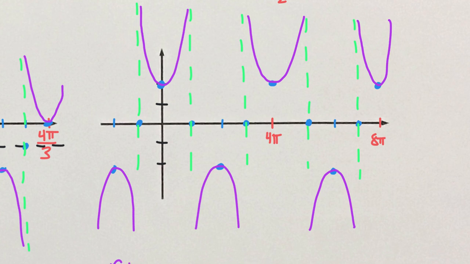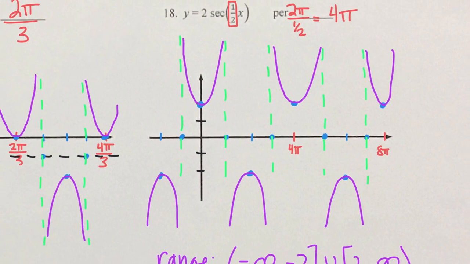Okay, so the range would be from -infinity to -2, right? And then we jump over and we land up at +2 again, and we continue on to +infinity.